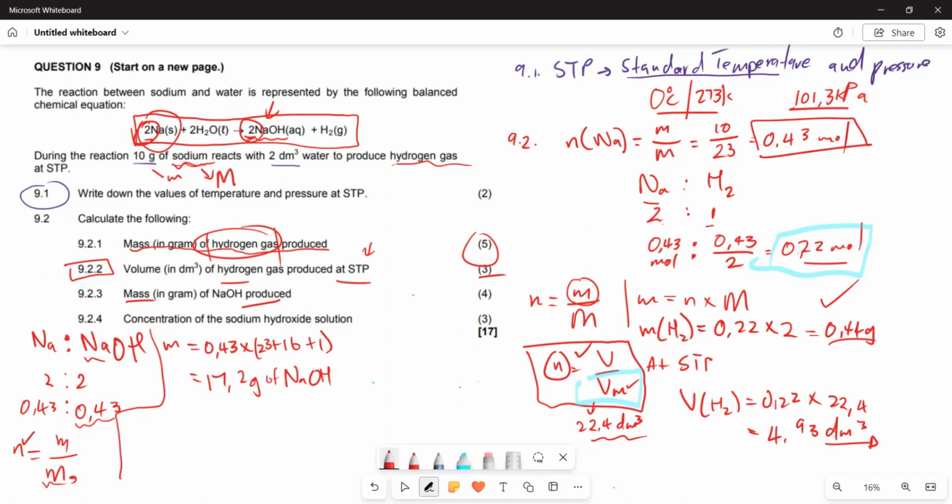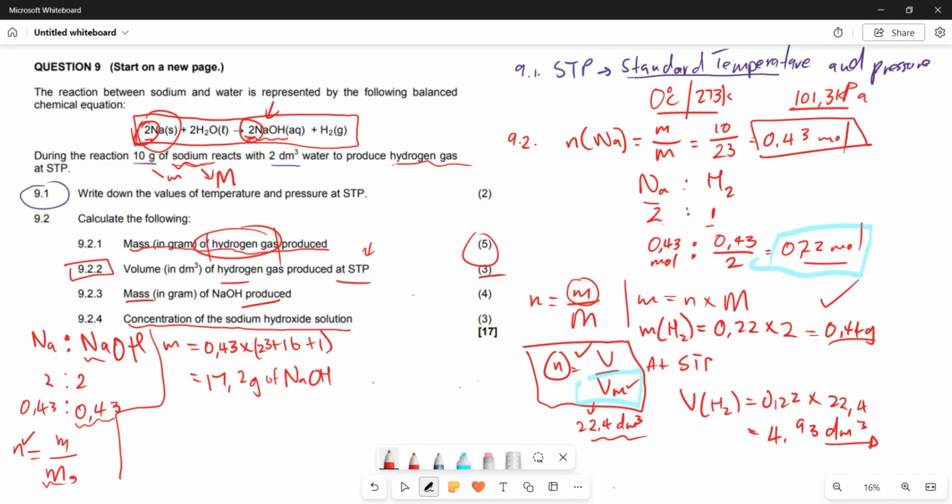Now let's look at our last question and see what question 9.24 requires us to do. In question 9.24, they want us to calculate the concentration of this sodium hydroxide. For us to do that, we are going back to our statement.